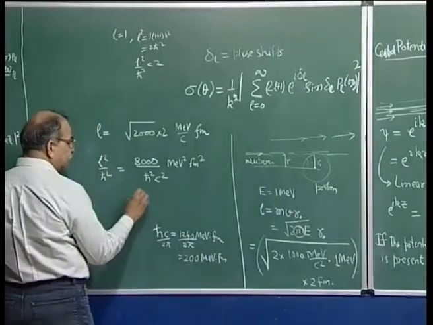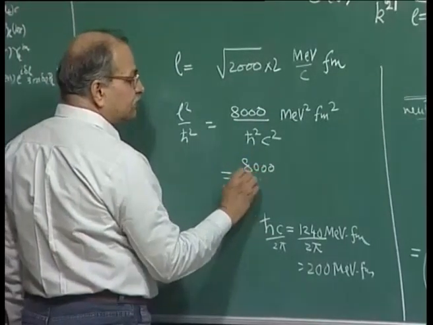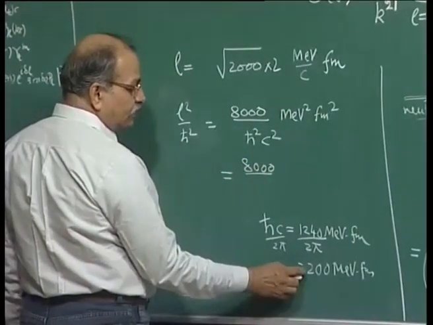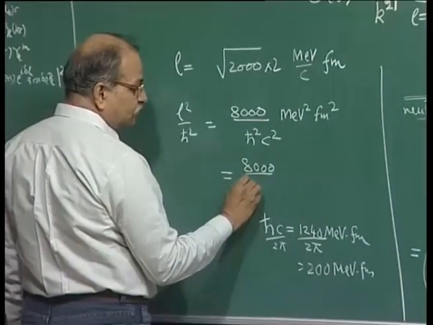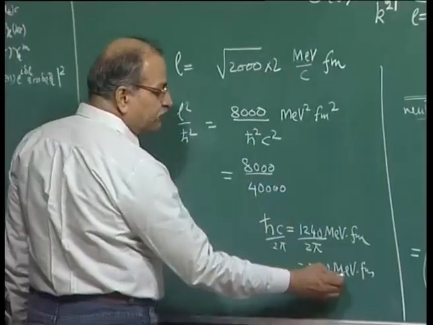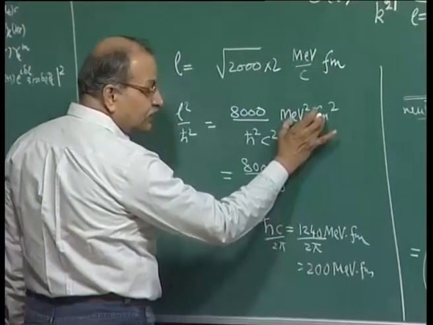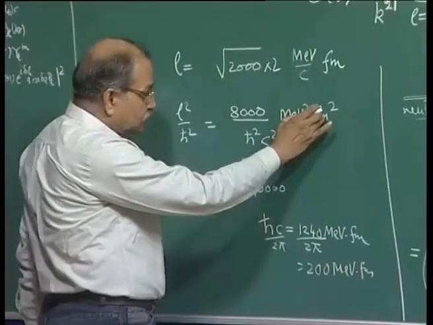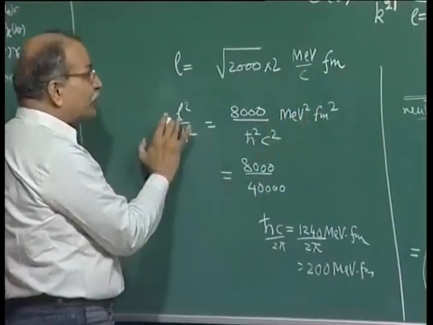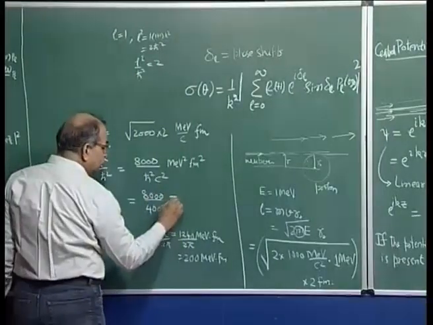So this is 8000 divided by 200, squared, that is 40000 in MeV squared femtometer squared, and here also MeV femtometer squared, so that cancels out. It should be a number. How much is it?